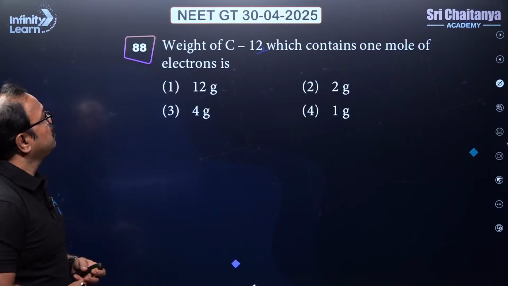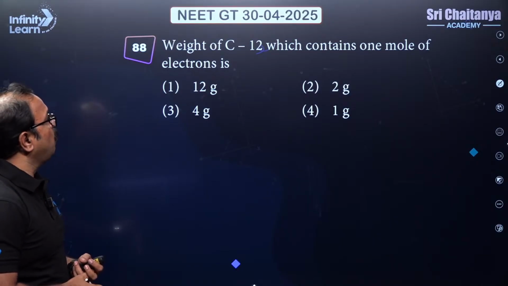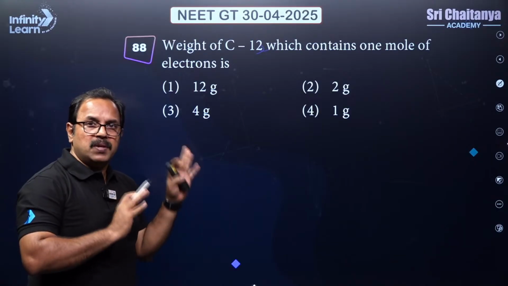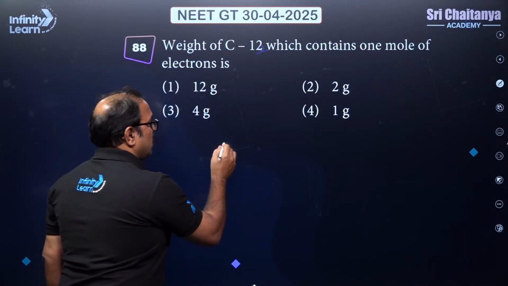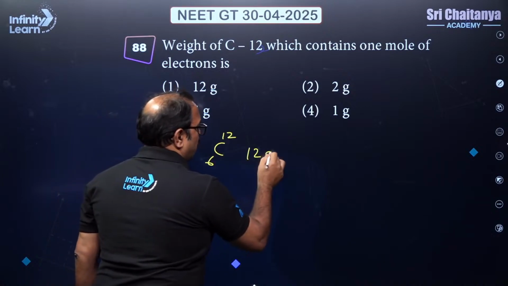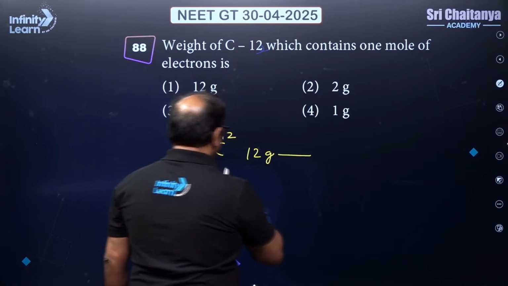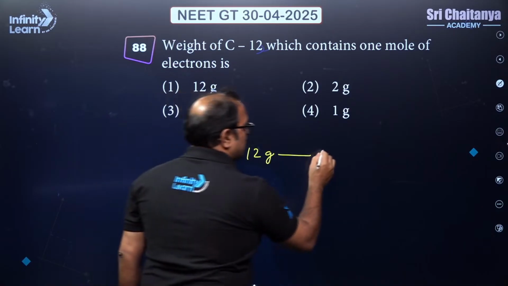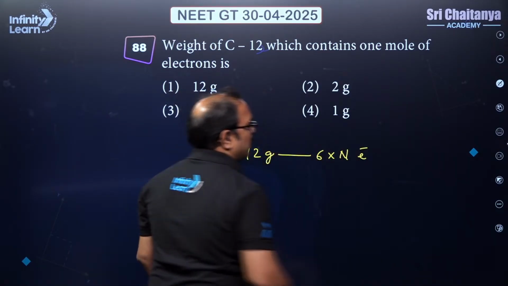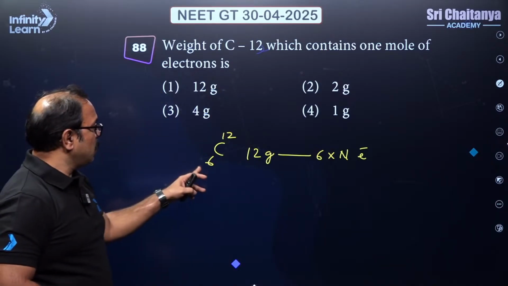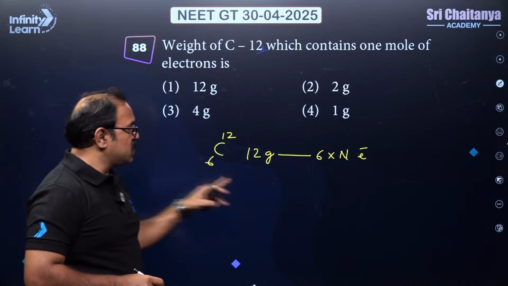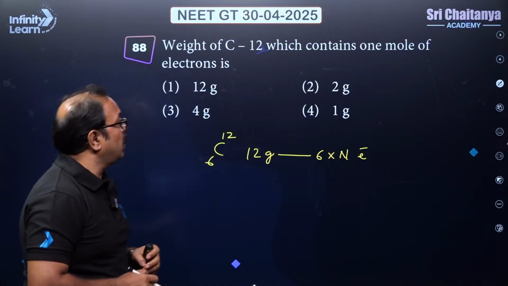The weight of carbon-12 which contains 1 mole of electrons is, this is a simple stoichiometric question, don't mess up in this case, just hold your nerves. You write properly, you know 12 grams of carbon, the atomic number is 6, so 6 into N electrons, very simple, because the atomic number is 6, 12 grams is 1 mole of atoms, each atom has 6 electrons, so 1 mole of atoms has 6 N electrons.